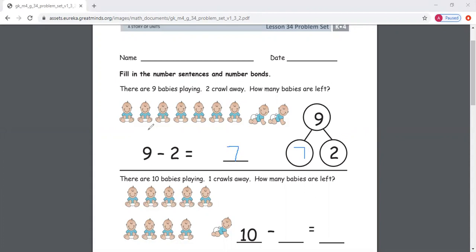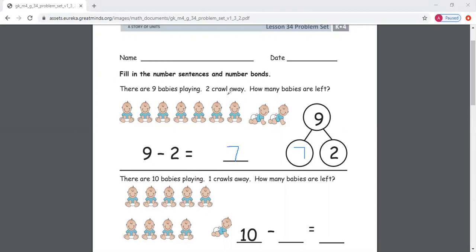Say this number sentence with me. 9 minus 2 equals 7. 9 take away 2 is 7. Remember, the minus sign also means take away. The equal sign also means is. So it also means when you say the word is. 9 minus 2 equals 7.